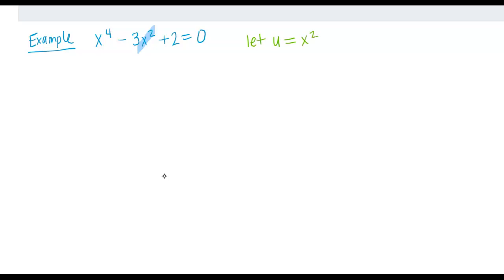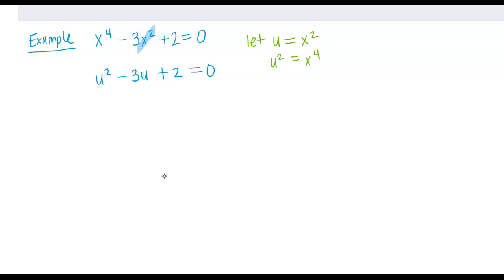If I square both sides of this, I would have that u squared is equal to x to the fourth. So instead of writing x to the fourth, I'll write u squared. Instead of writing x squared, I'll write u. And the number that doesn't have any variables, we can just leave as it is.